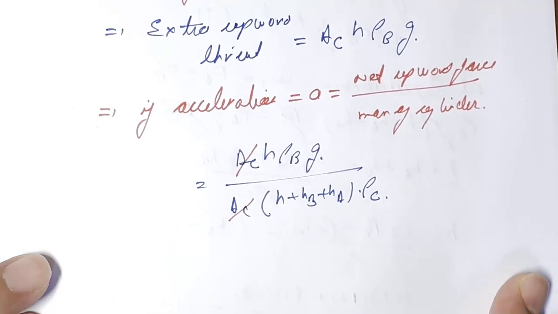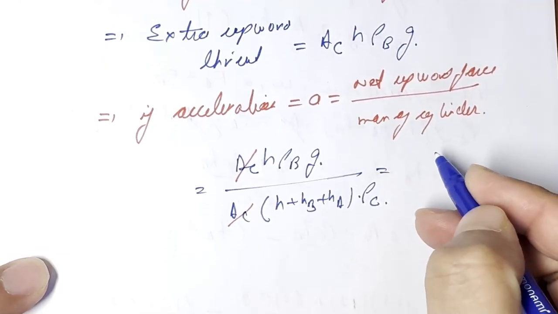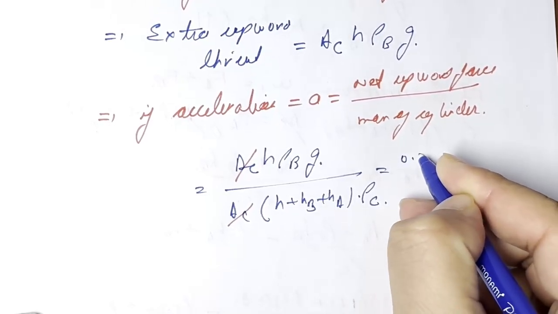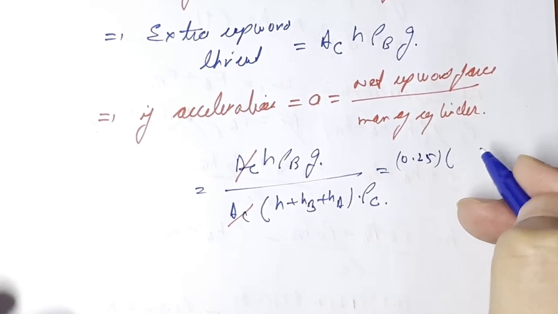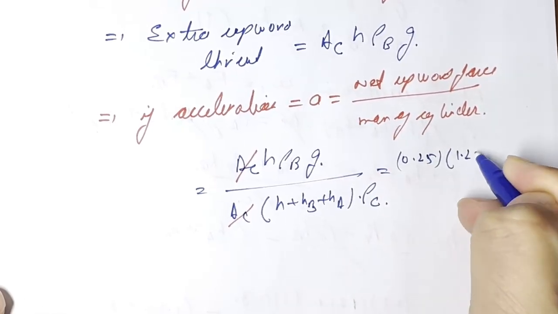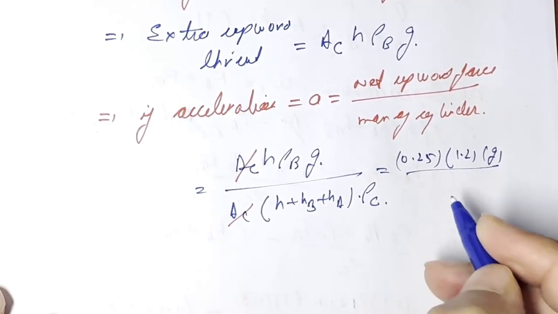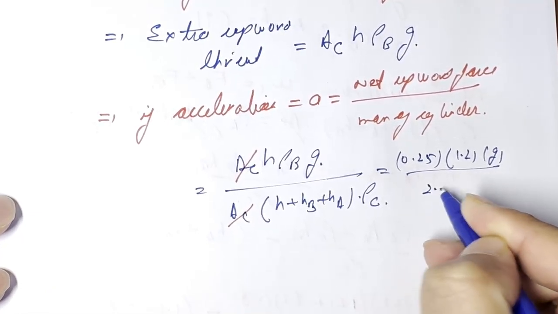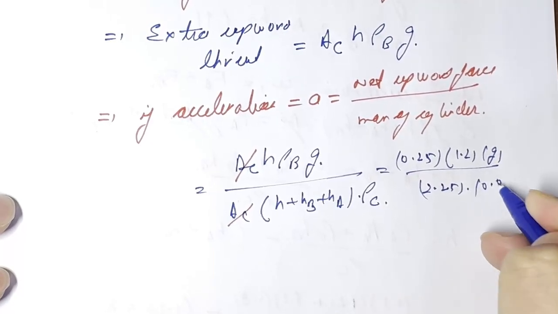We substitute the values. H we just calculated is 0.25. Density of liquid B is 1.2, and this is G, and H plus HB plus HA total is 2.25, multiplied by 0.8.